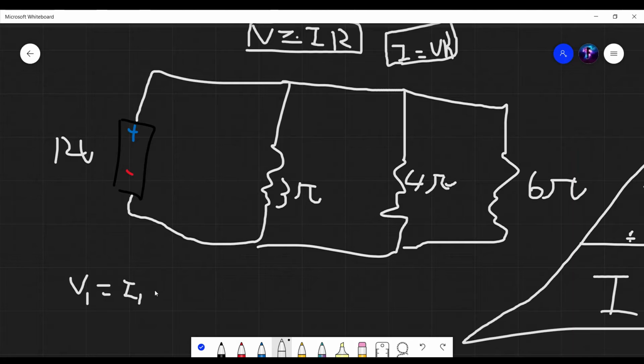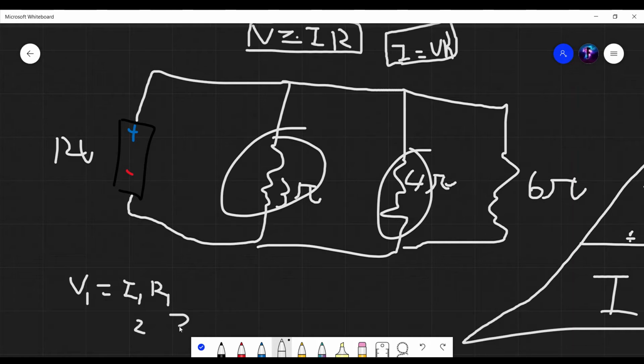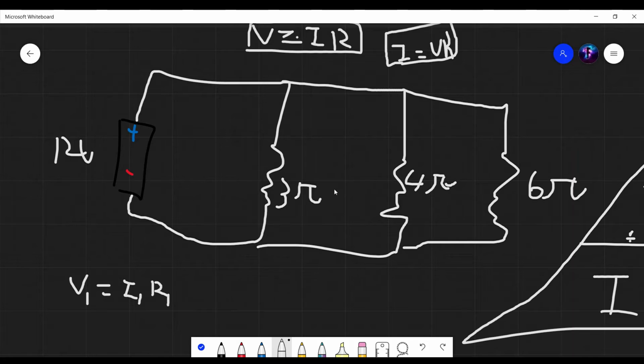I1 R1. The 1 just symbolizes that it's for this one. If it's number 2, it's for this one. If it's number 3, it's for this one. Then you erase this. Okay, so we're going to do this one right here, the 3 ohms. So you're going to rewrite this into here.